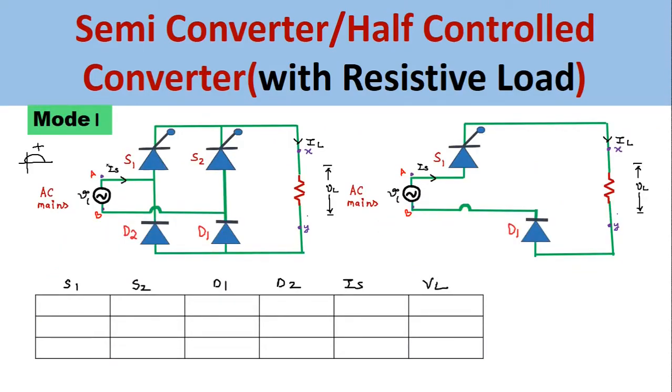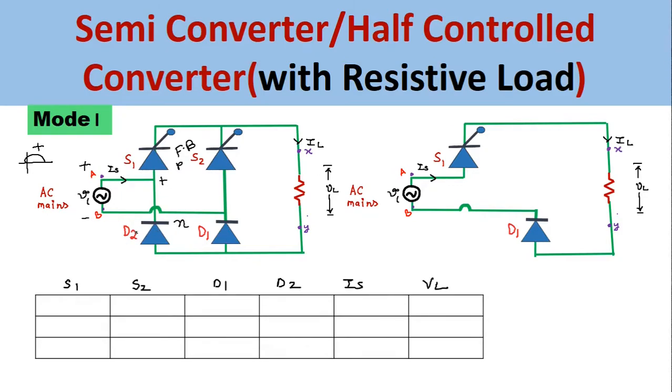Mode number 1 is studied during the positive half cycle of the AC input signal. During the positive half cycle, this A point of the AC mains becomes positive and this B point becomes negative. So this positive will transfer to the P side of this S1 SCR, and this S1 SCR will go into the forward bias condition, and this positive will transfer to the N side of this D2 diode.